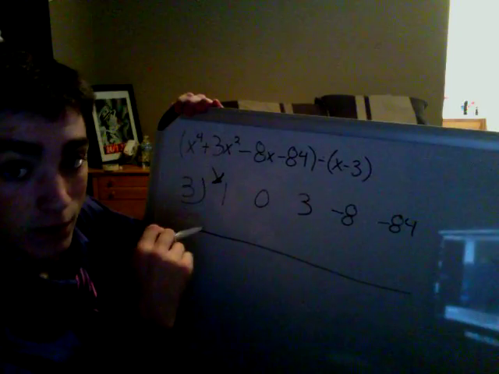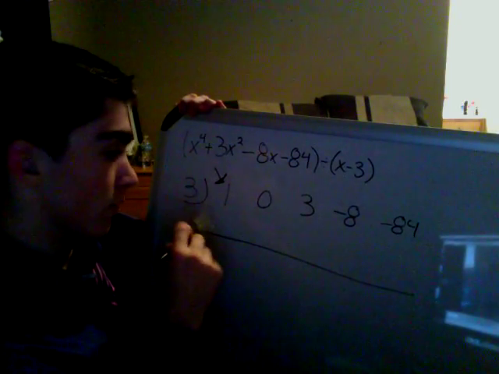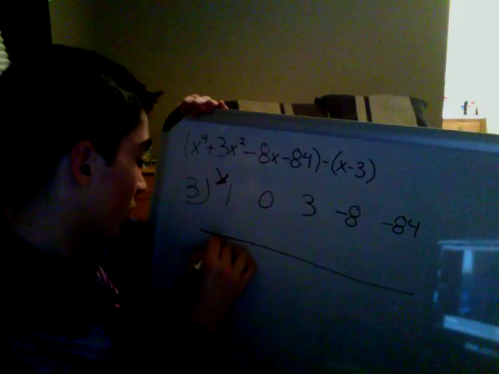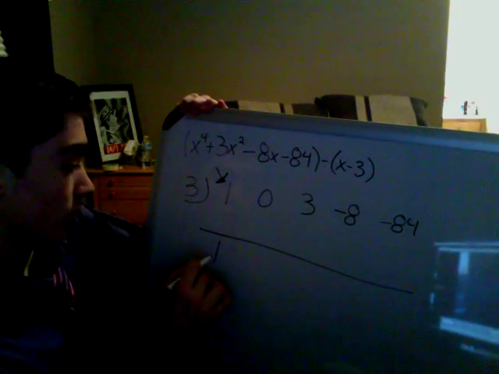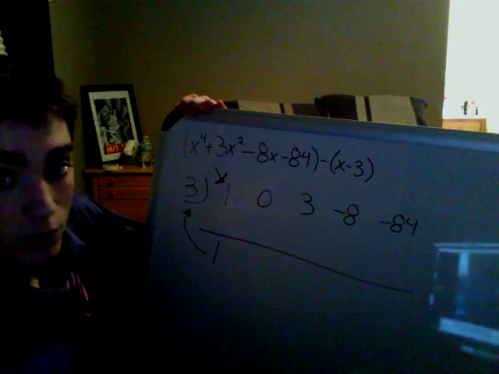Now what you do is pretty much just draw your line, and you always bring this first number down, no matter what it is, 400, whatever it is. So straight down 1, and then you bring this bottom number up and you multiply it by that.